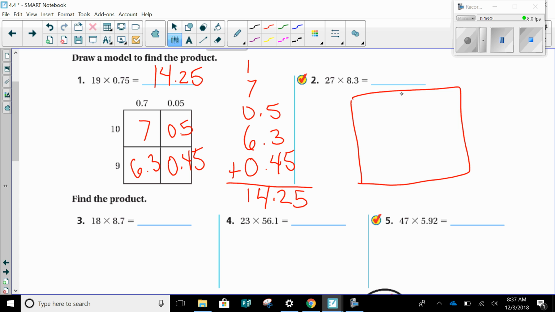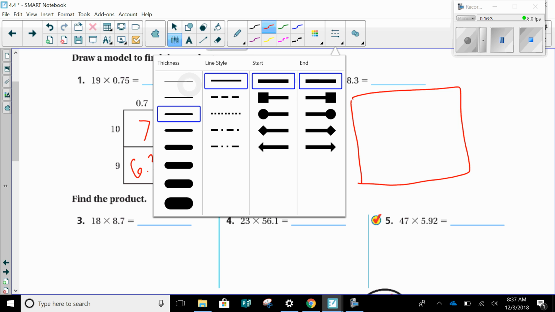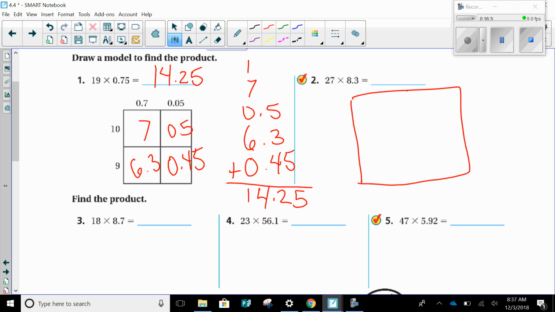So let's do 2. I need to break these out. This thing does not want to play nice today. Okay, let's try it again. So if I break 27 out, it's going to be 20 and 7. And sorry, I made my box a little big, so I'm going to go up here. So that's going to be 8, and that's going to be 3/10. Okay, so 20 times 8.